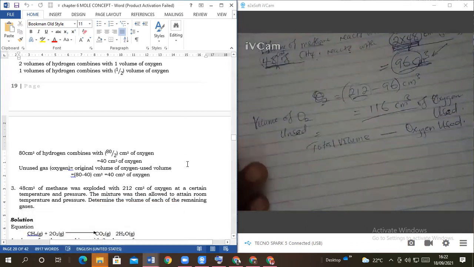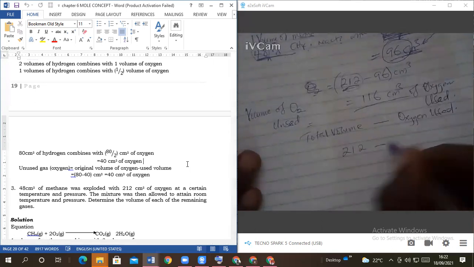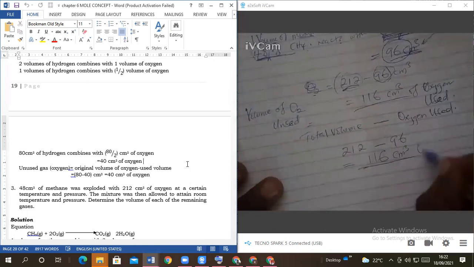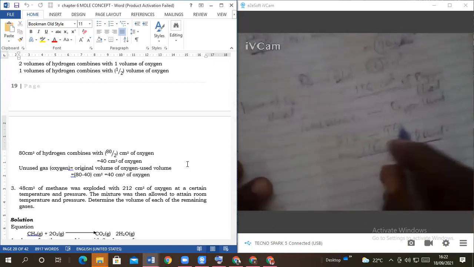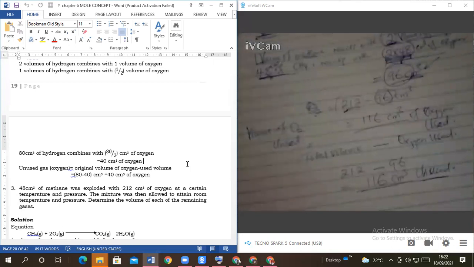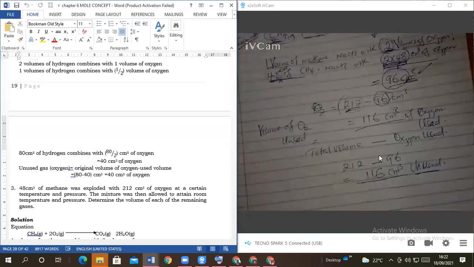Okay? So it becomes the total volume, which was 212, minus the volume of oxygen that was used, which was 96. The end product is 116 cubic centimeters of oxygen unused. So is that clear?